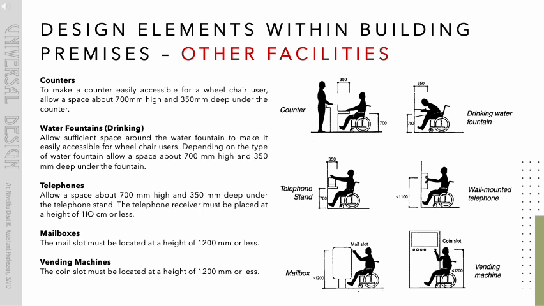Telephones. Allow a space about 700 mm high and 350 mm deep under the telephone stand. The telephone receiver must be placed at a height of 1100 mm or less. Mailboxes. The mail slot must be located at a height of 1200 mm or less. Vending machines. The coin slot must be located at a height of 1200 mm or less.